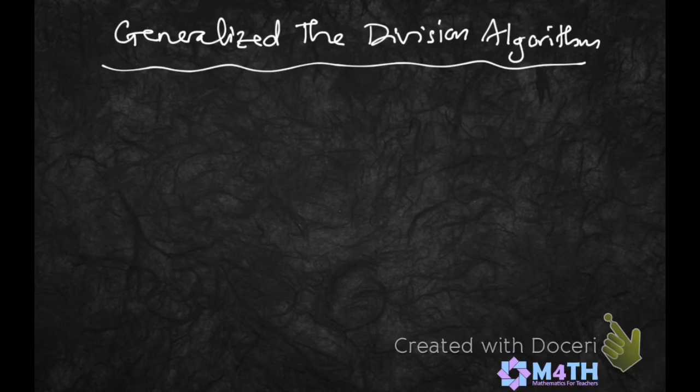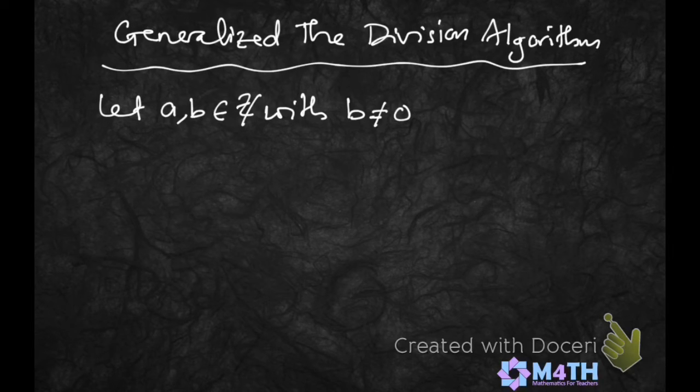Now let's generalize the division algorithm. Instead of putting the condition that b is positive, we can generalize the form. Let a and b be integers with the condition that b is not equal to 0, so b can be negative or positive.